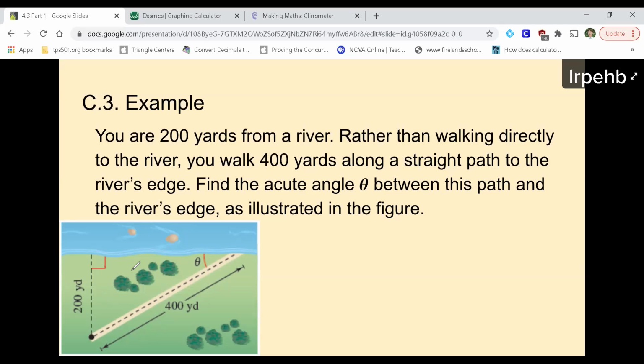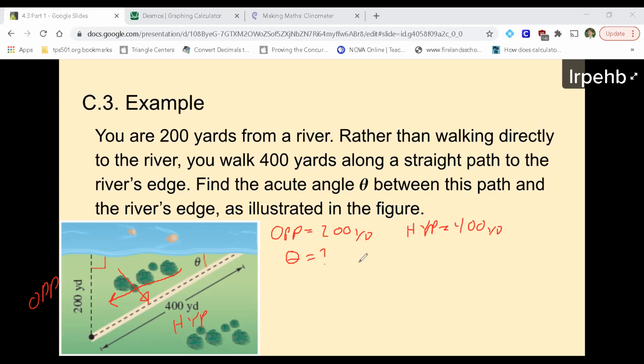Well, to do that, again, we'll label our triangle. This is the opposite side, and this is the hypotenuse. We know the opposite side is 200 yards. The hypotenuse is 400. And we are asked to find what the angle is.